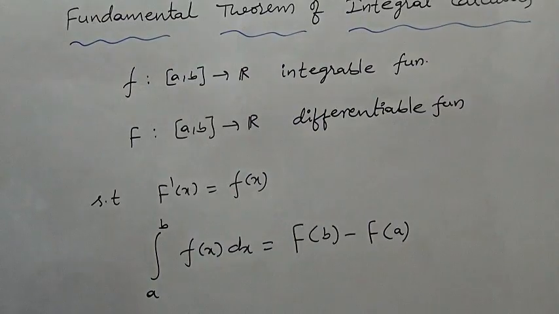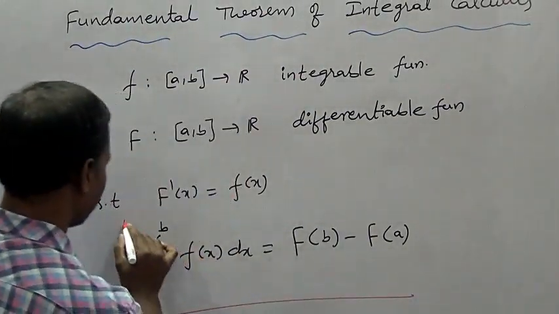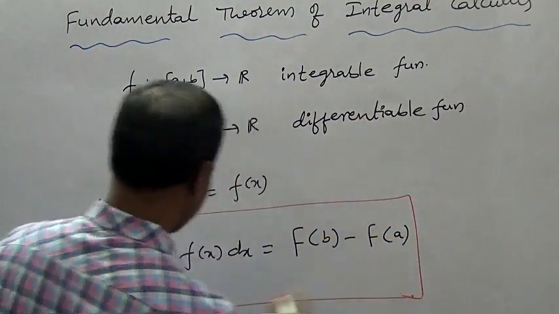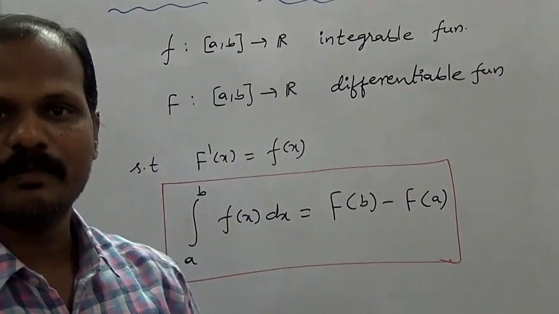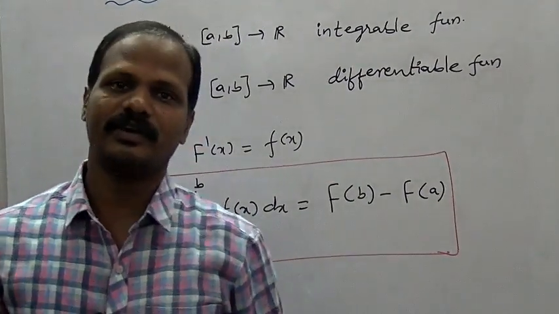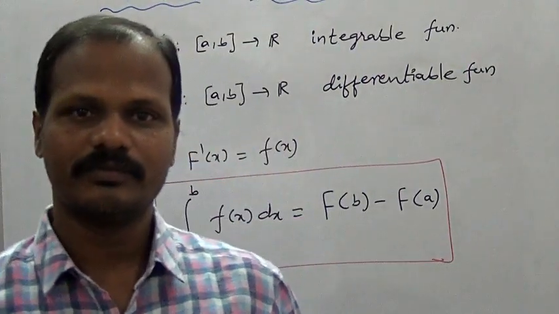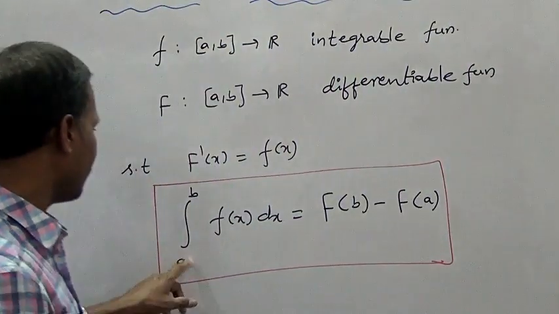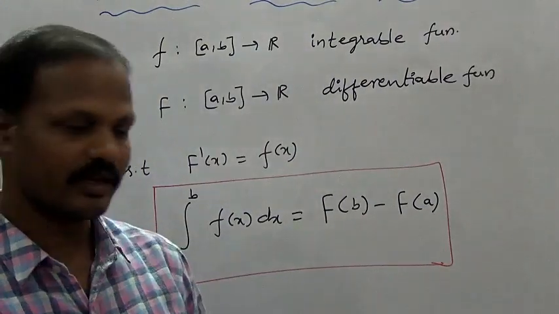So this is the fundamental theorem of integral calculus. Small f is the integrable function, capital F is the differentiable function such that F dash equals f. Then integral a to b f of x dx equals F of b minus F of a.